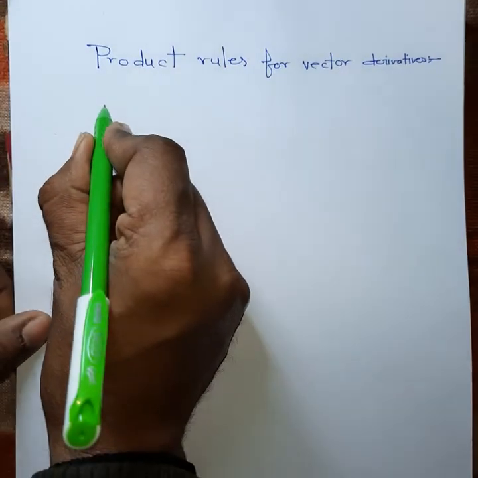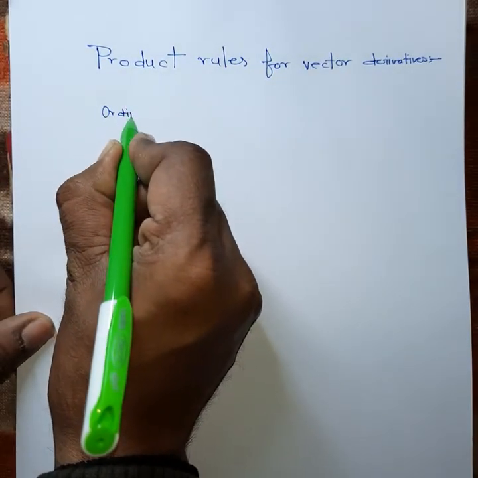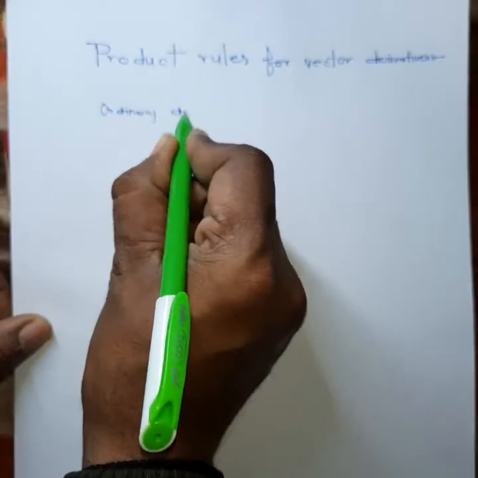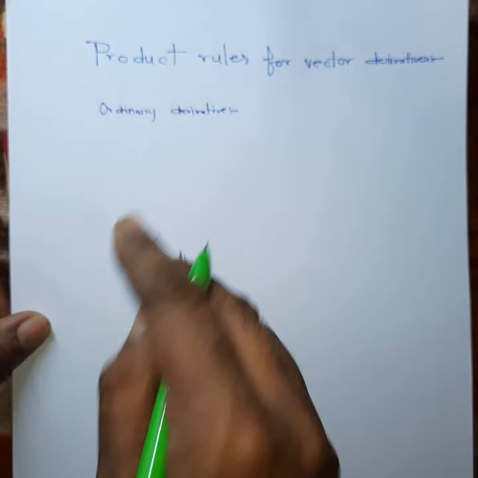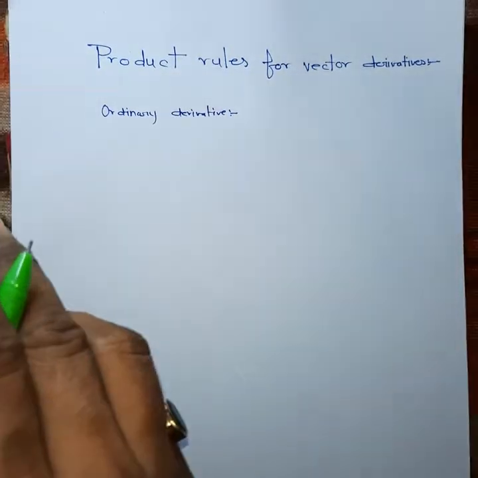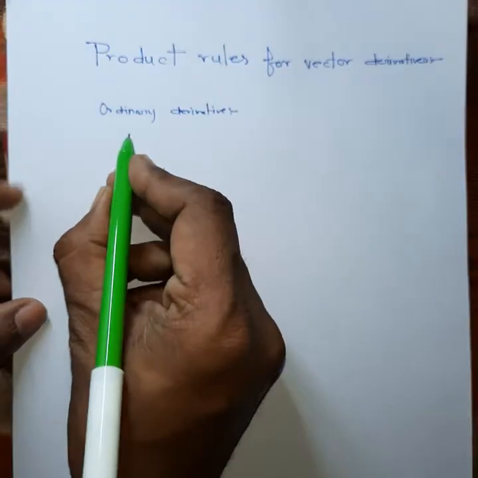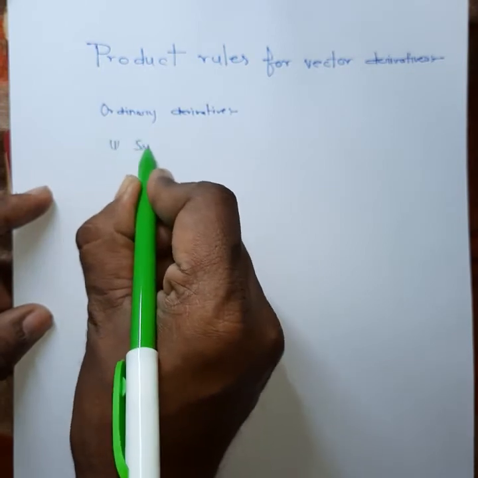As we know, for ordinary derivatives the calculation is facilitated by a number of rules, such as the first one, the sum rule.